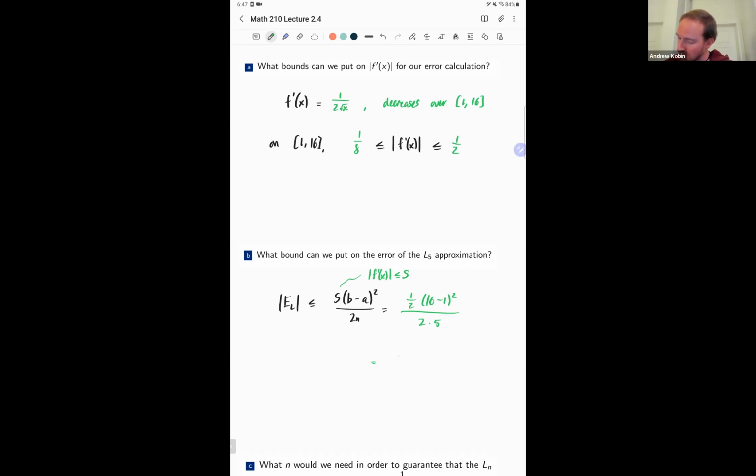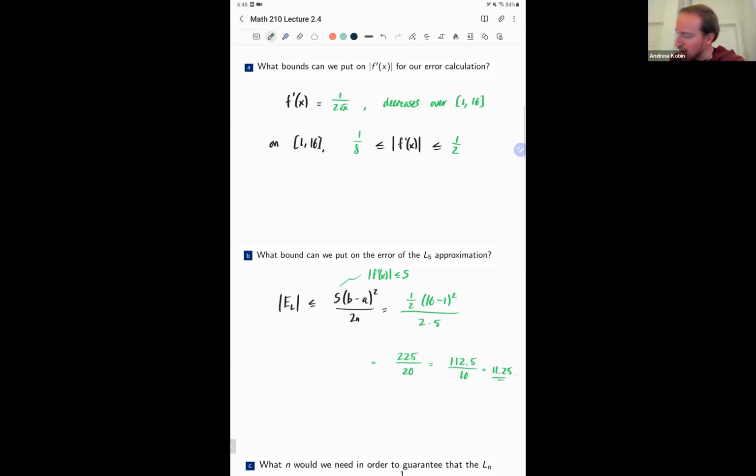Actually, maybe it'd be a little easier if we divide by 2 first. So 225 divided by 2 is 112.5, divided by 10, which I'll just move the decimal place. This is 11.25.